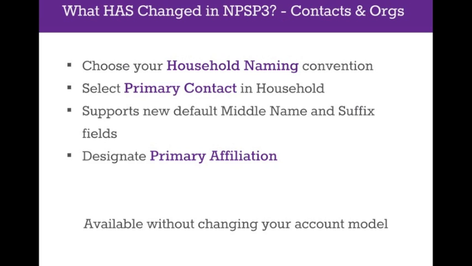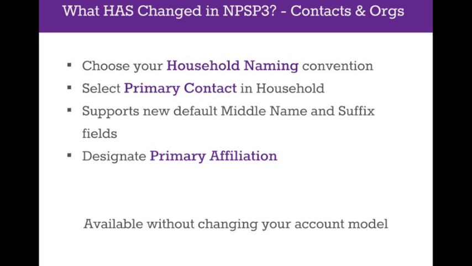And the other one that I like is designating a primary affiliation. If you use affiliations to show the association that contacts have with different organizations, you can pick which is the primary, not only for them, but also for the organization itself.